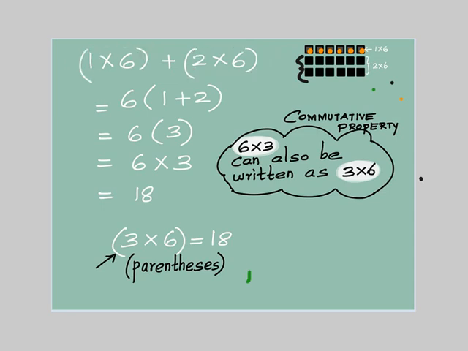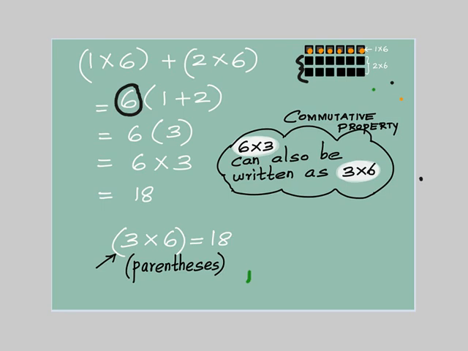In this case, if you see, the 6 is common in both parts. So what we are doing is taking the 6 outside, okay? In the second step, since the 6 is common, I have taken the 6 out and kept it outside the parenthesis.